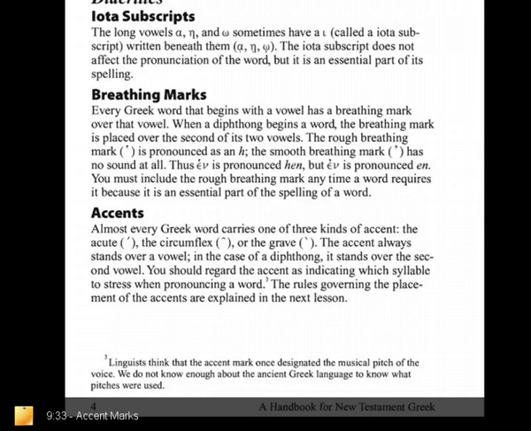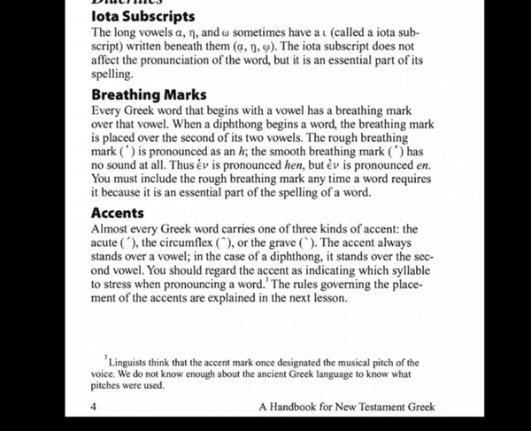Accents. As the footnote notes, linguists think that the accent mark once designated musical pitch. We do not know enough about the ancient Greek language to know which pitches were used, but by the time that Alexander the Great conquered the Mediterranean world, accents lost their musical pitch notation and simply indicated stress.